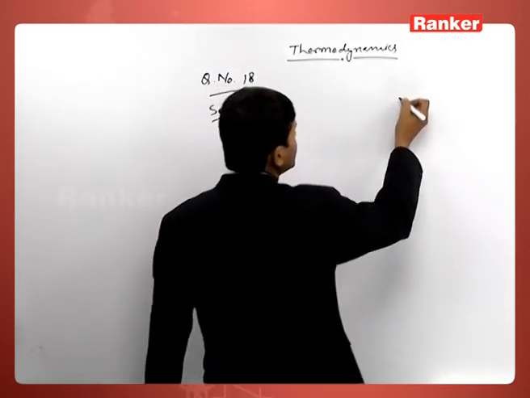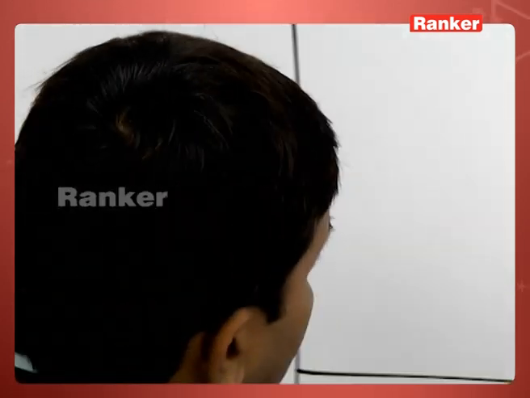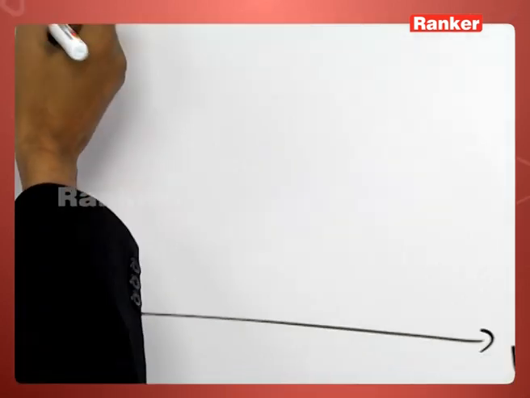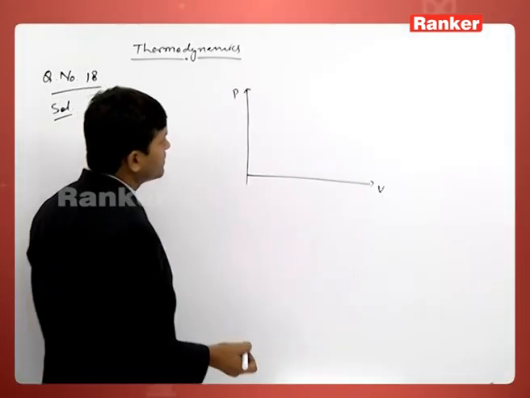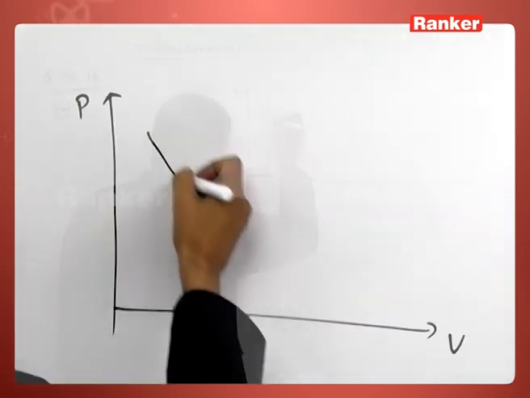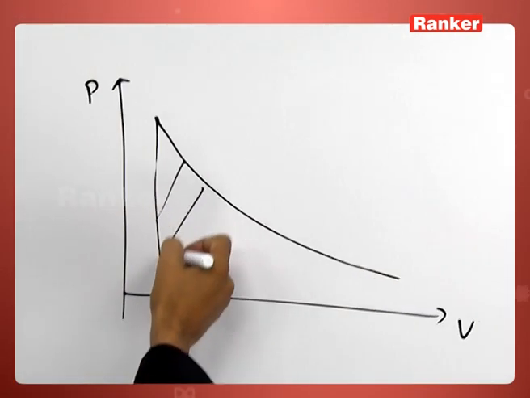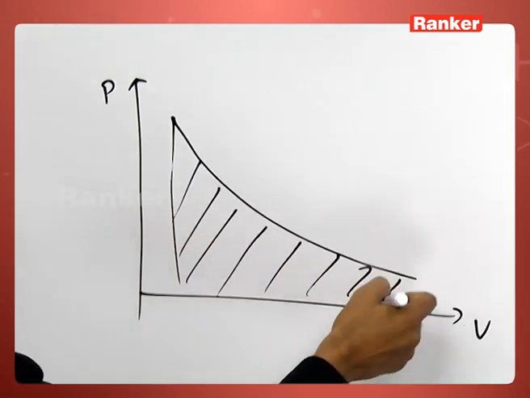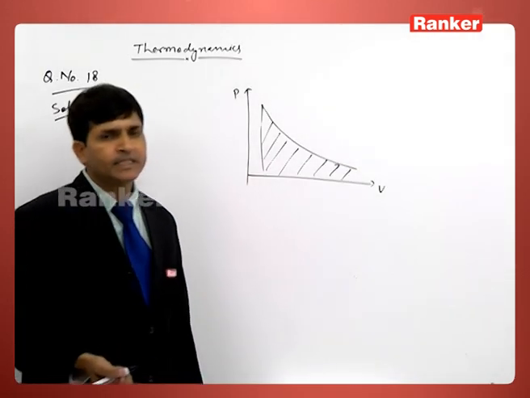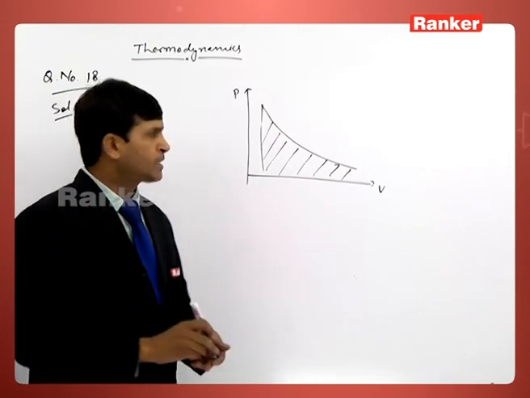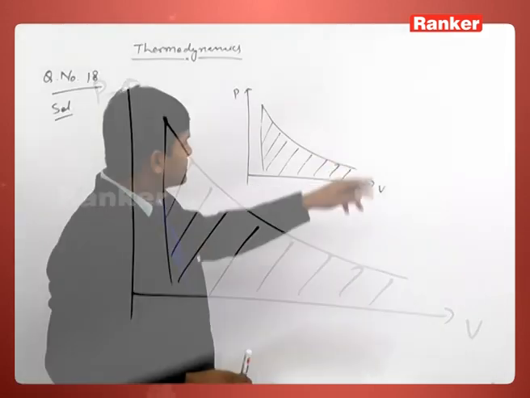If we look at the P versus V graph for an adiabatic process, this is the area, and that graph indicates expansion because volume is increasing.